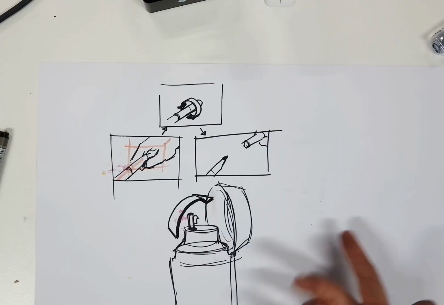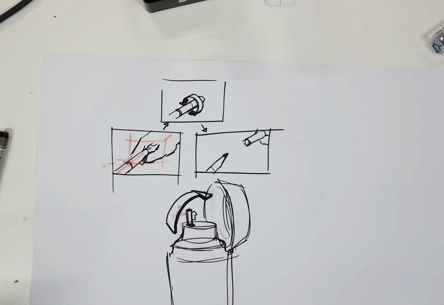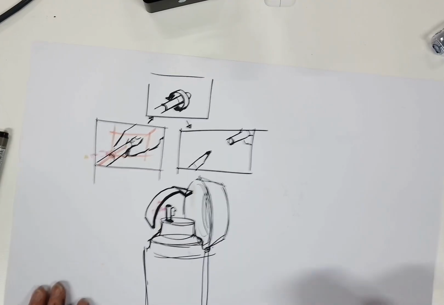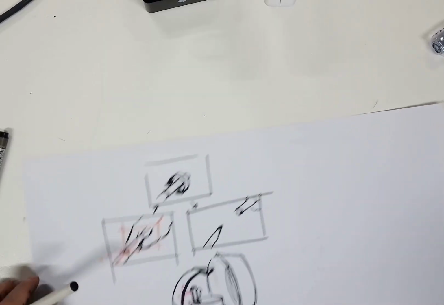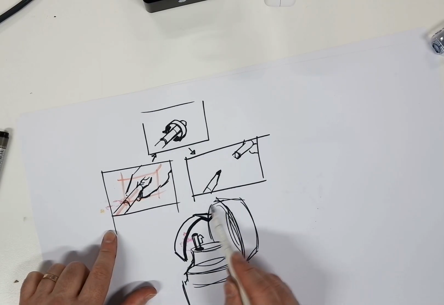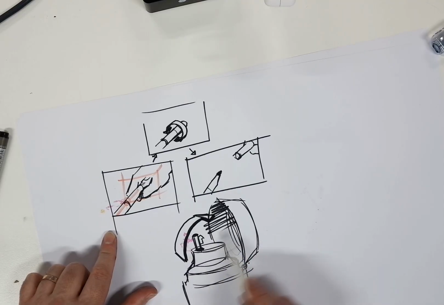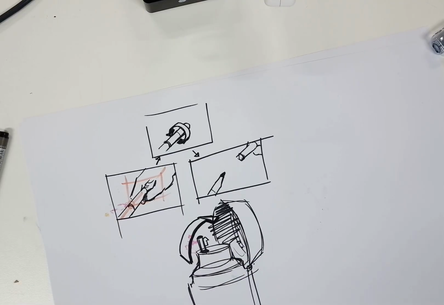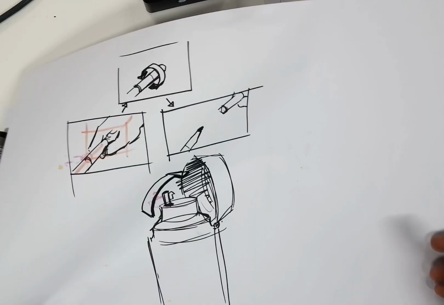Yeah, so open it, straw comes out. I did that in one frame. We don't need more information than that. So that's storyboarding.